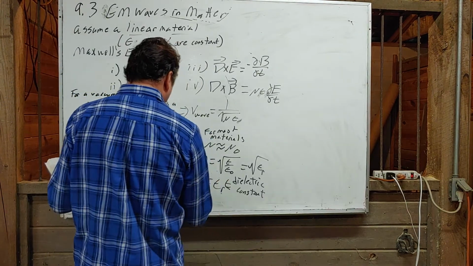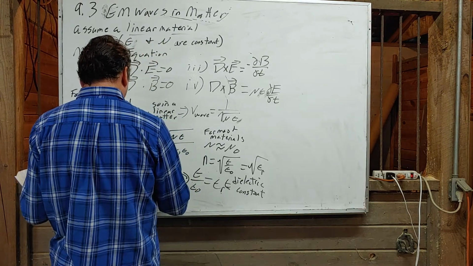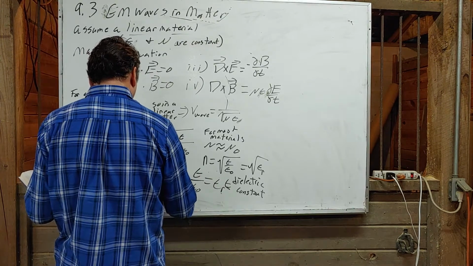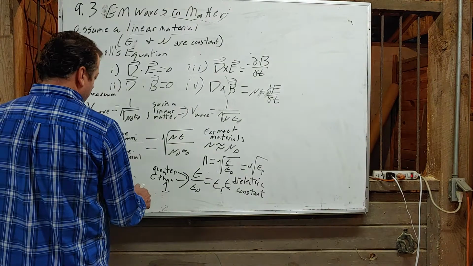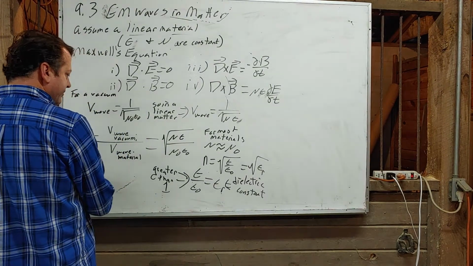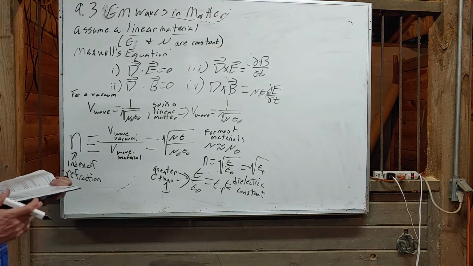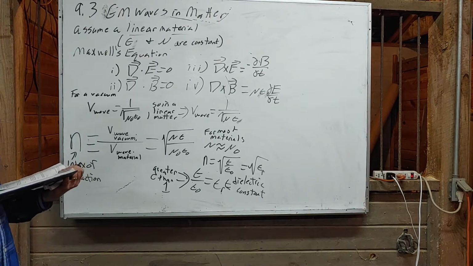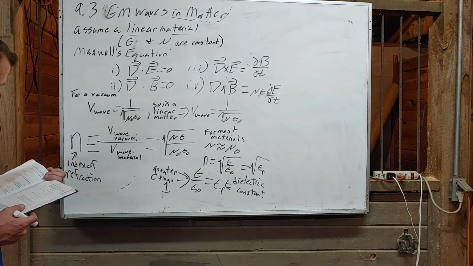And by the way, this is greater than 1. Why does it have to be greater than 1? Because light travels much faster outside in a vacuum with nothing there than through a material. So the index of refraction is almost always greater than 1.